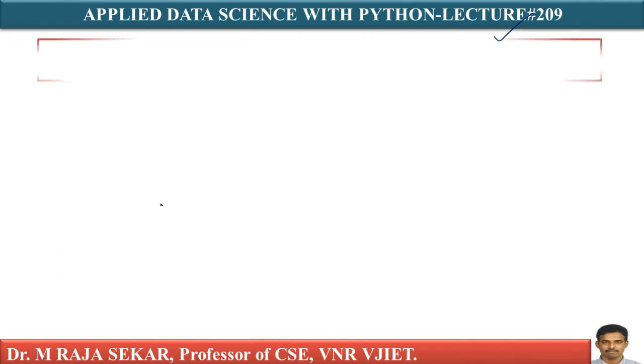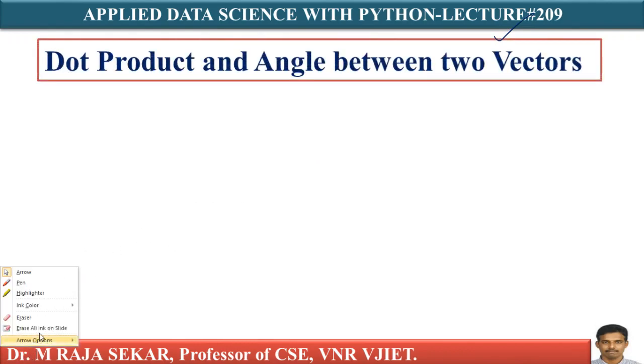In this lecture, we will try to understand dot product and angle between two vectors. Imagine you are given two vectors A and B. Both of them are row vectors.